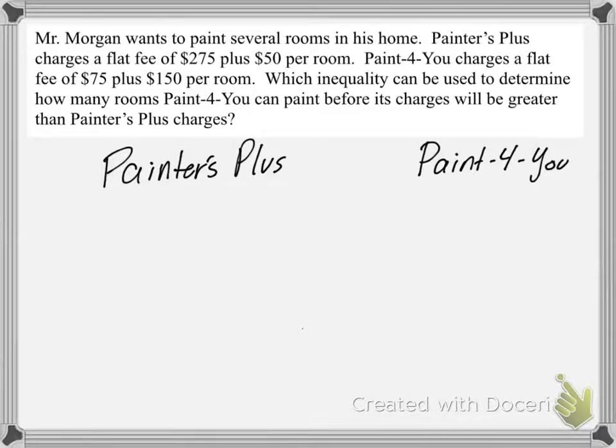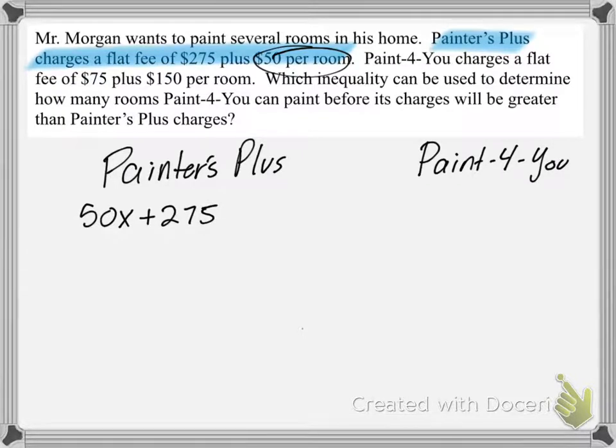Okay. So for Painters Plus, I'm going to highlight that in blue. We have a flat fee of $275 plus $50 per room. So I know my per room is going to be my rate, so I have 50x, and I'm adding $275. That is my expression for Painters Plus. For Paint for You, let me highlight that in orange. It has a flat fee of $75, but it charges you $150 per room.